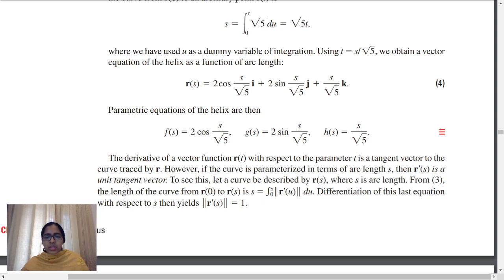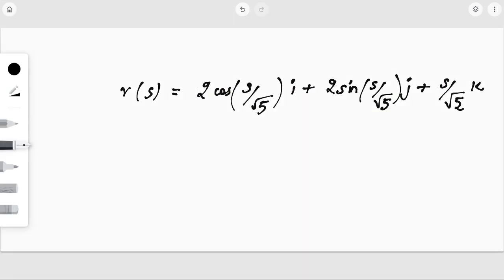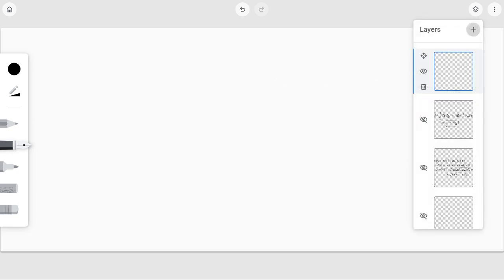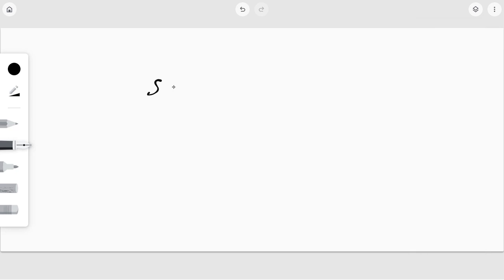Now it is simple. We know that arc length was given as s equals the integral from a to b of r dash of t dt, where r of t was our vector function.